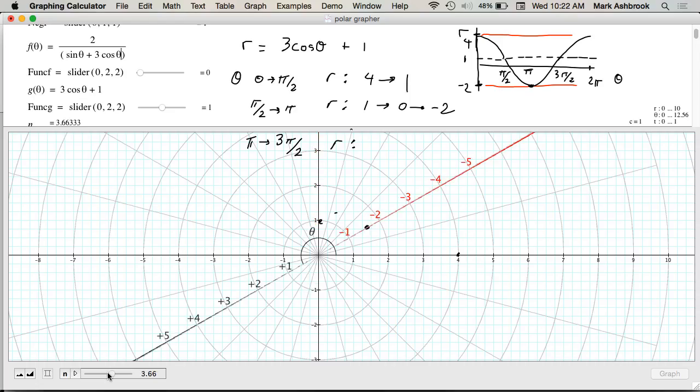Watch it one more time. As we go from pi to 3 pi over 2, the value of R goes from negative 2 to 0 in most of that quadrant, and then to positive 1. And so let's watch that get traced out.